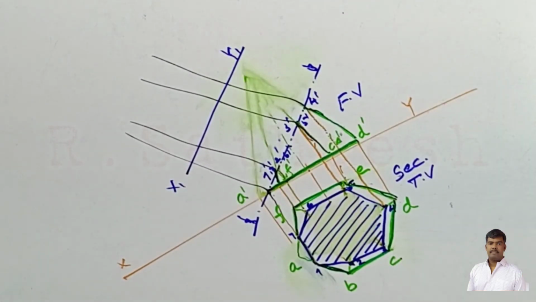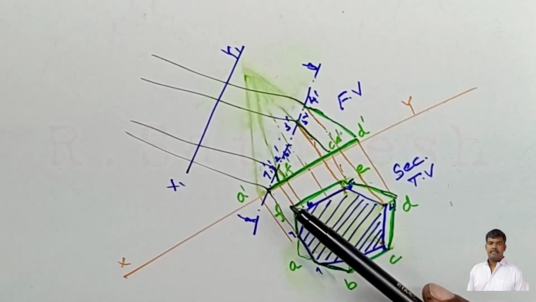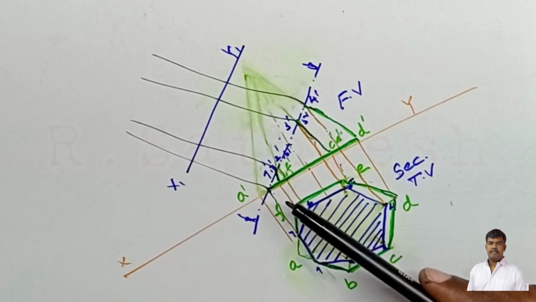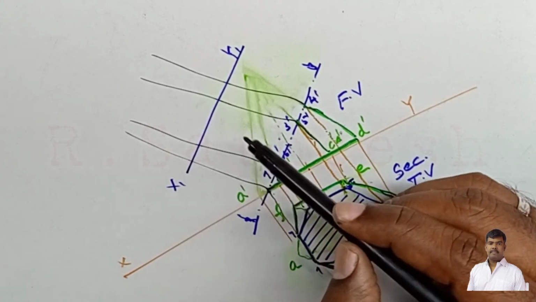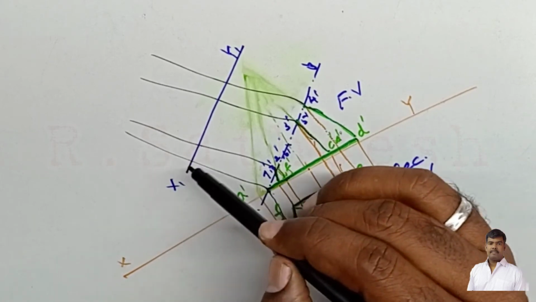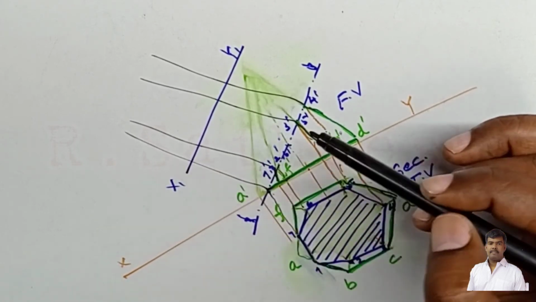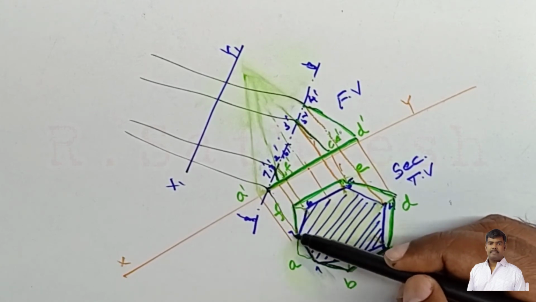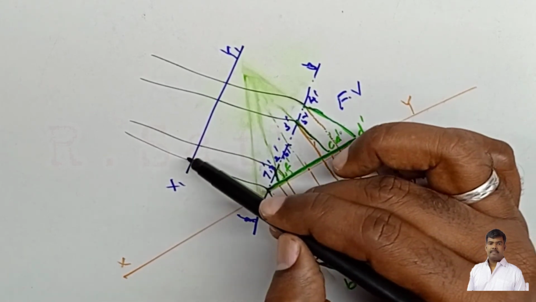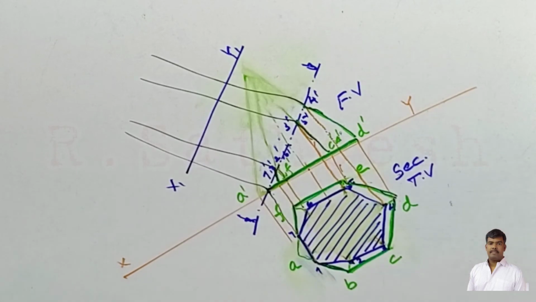After that, we know the procedure based on the trapezoidal method from the projection of plane and line topics. So the xy to 1 distance lies on the 1 dash line. Instead of xy, we take x1, y1. Similarly, the xy to 7 distance on the 7 dash line from x1, y1.